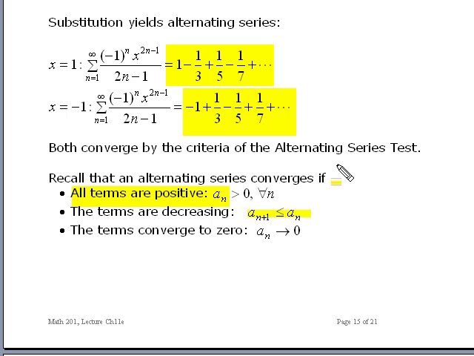In this case, we're looking at 1 over n plus 2 being less than 1 over n plus 1, so they are decreasing terms. And the terms themselves do converge to 0. So by the alternating series test, this series converges at the endpoints x equal plus 1 and x equal minus 1.